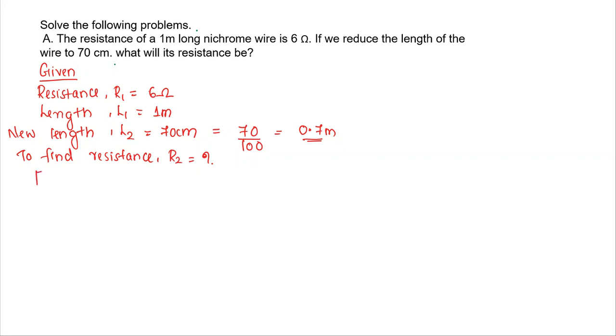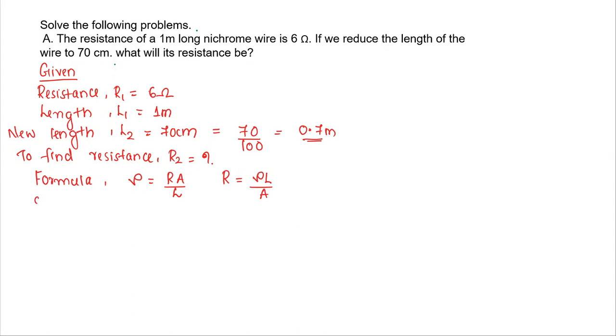We know resistance is directly proportional to length. From the resistivity formula, we get resistivity rho is equal to Ra upon L. Here we want to find out resistance, so cross multiply and write R is equal to rho L upon A.